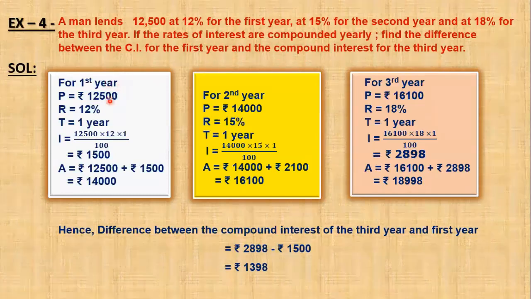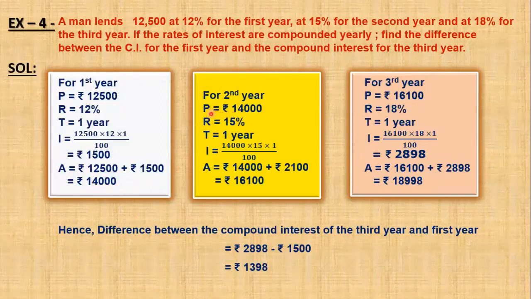For first year, principal is original principal, that is rupees 12,500, rate 12%, time 1 year. So interest will be 12,500 by 12 by 1 divided by 100. That will give rupees 1,500. So amount is equal to rupees 12,500 plus rupees 1,500, which will give rupees 14,000. Now this amount 14,000 will act as principal for the second year.